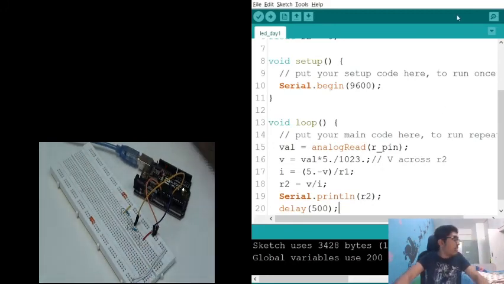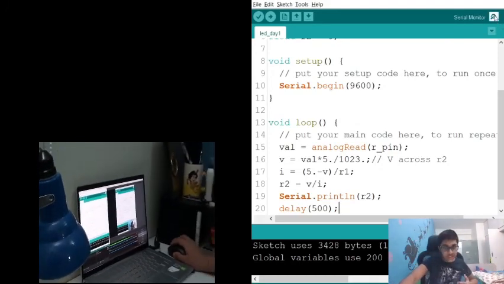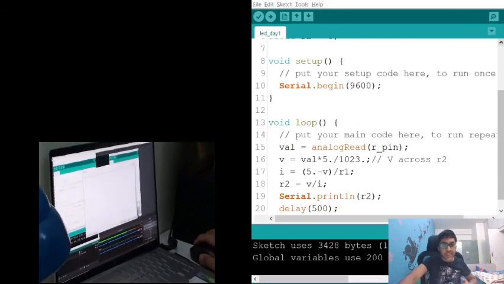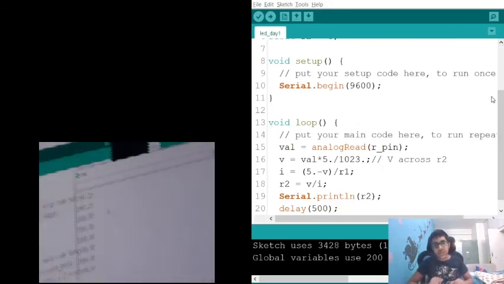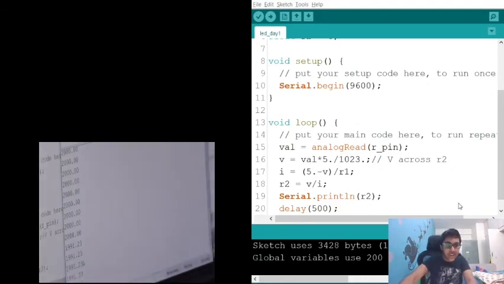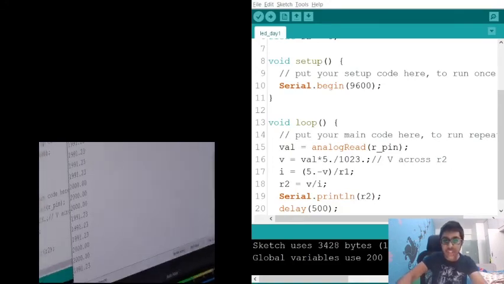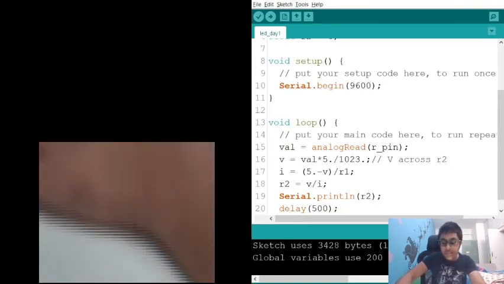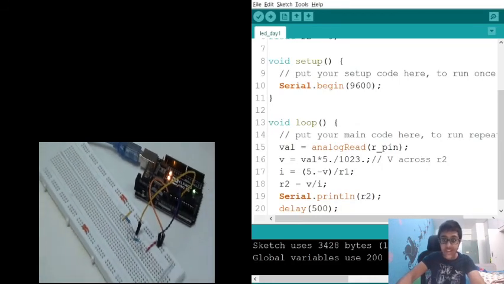All right, let's test it out. We don't need to change anything in the sketch because we still have the same known resistor. And as we can see, it reads on the dot 2k ohm. This is really accurate. I mean, it keeps fluctuating, but the value is incredibly accurate. I would say there is probably a 5% error, but that's really accurate.